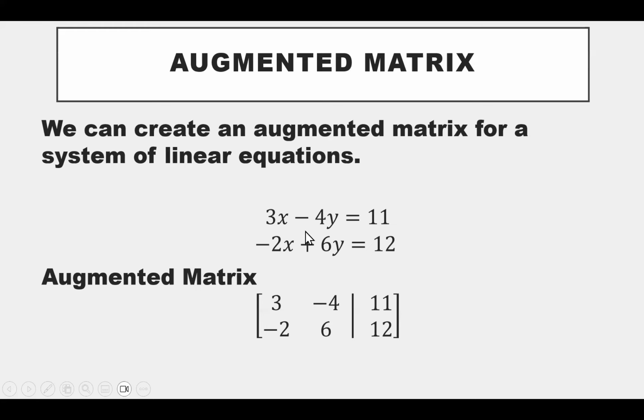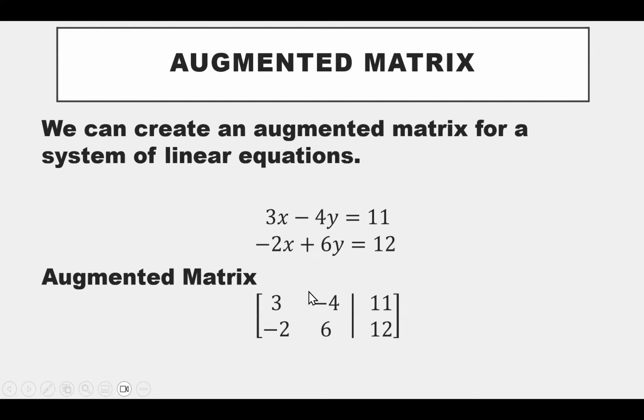So 3x minus 4y equals 11 becomes the first row in the augmented matrix: 3, negative 4, 11. Negative 2x plus 6y equals 12 becomes the second row: negative 2, 6, 12. So each column represents a variable.